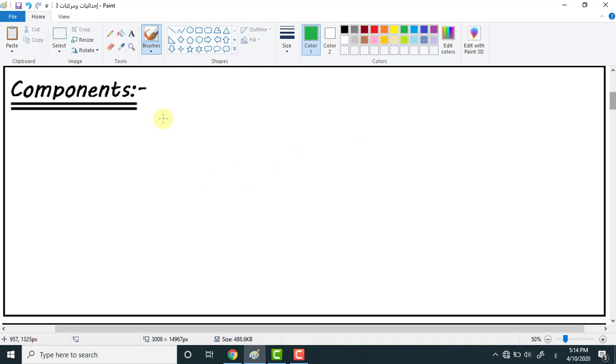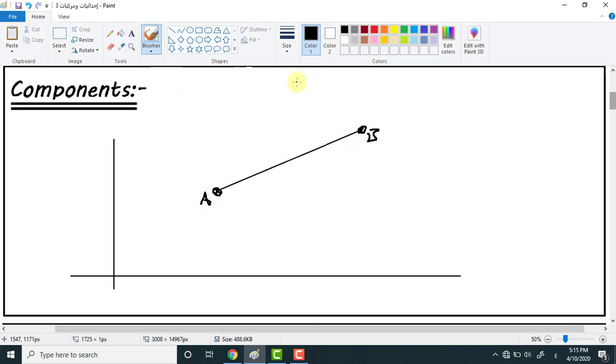What is the meaning of components? If we have a line AB, any line has two components. First, the horizontal component, which appears in plan, which we call the horizontal projection. This is the horizontal component, and we call it x from A to B, XAB.